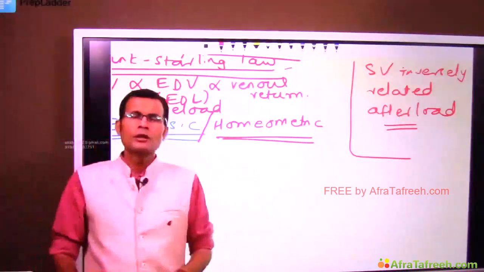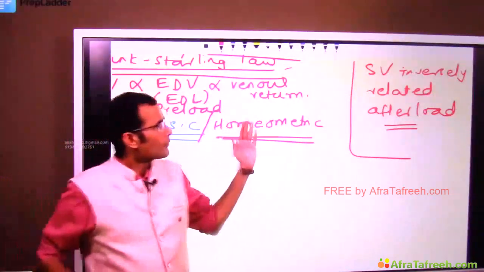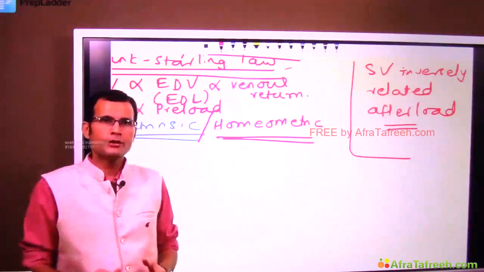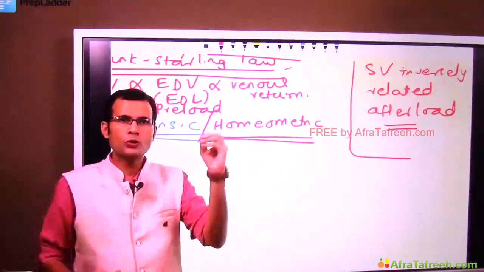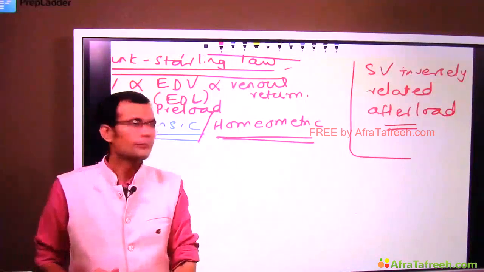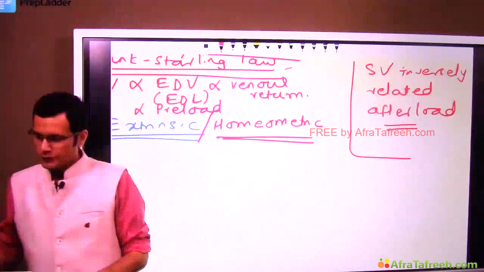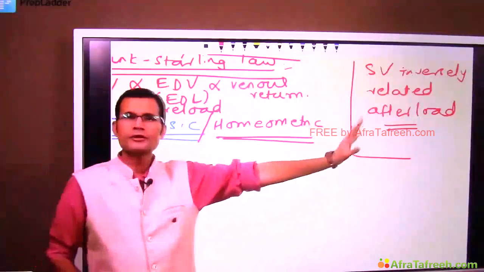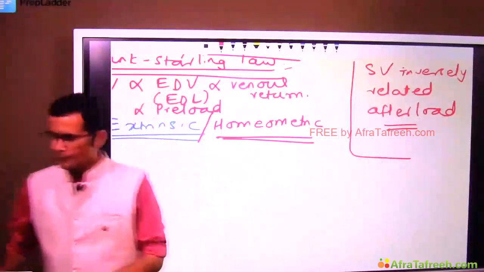Just remember, if the afterload goes on increasing on the left ventricle, meaning if the aortic pressure goes on increasing, the stroke volume will fall. It's an inverse relationship. This is just an additional thing because I mentioned preload, therefore I've just completed it by saying afterload, but that's not the point.